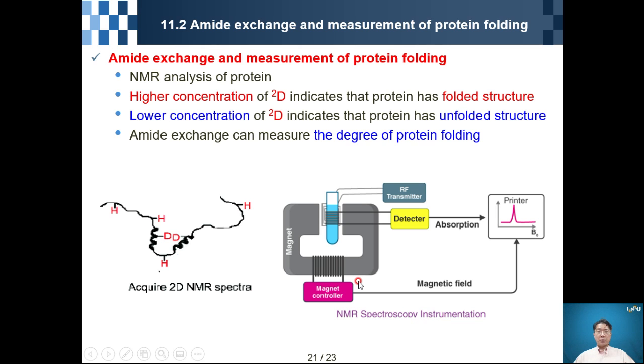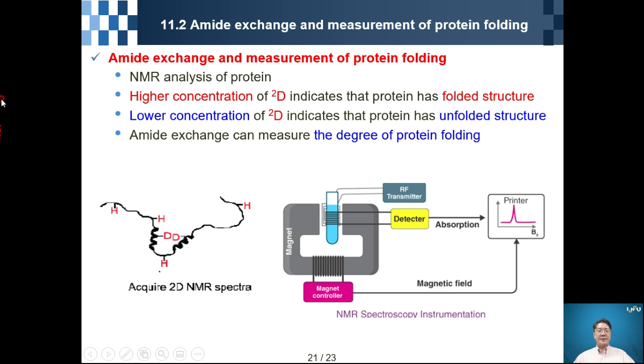I will not explain the principle of NMR, but NMR can measure the exact concentration of deuterium. A higher concentration of deuterium indicates that the protein has a folded structure, and a lower concentration of deuterium indicates that the protein has an unfolded structure.